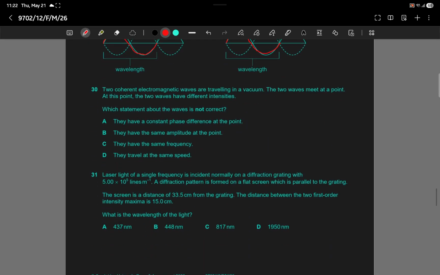Now, question number 30. Two coherent electromagnetic waves. Coherent means a constant phase difference between the two waves. They are traveling in a vacuum. The two waves meet at a point, so basically they superimpose. At this point, the two waves have different intensities.